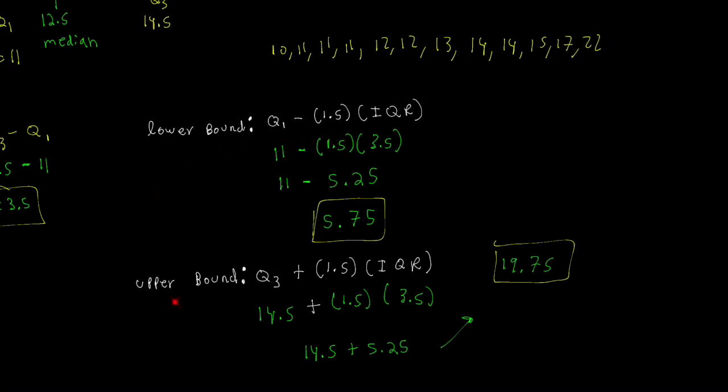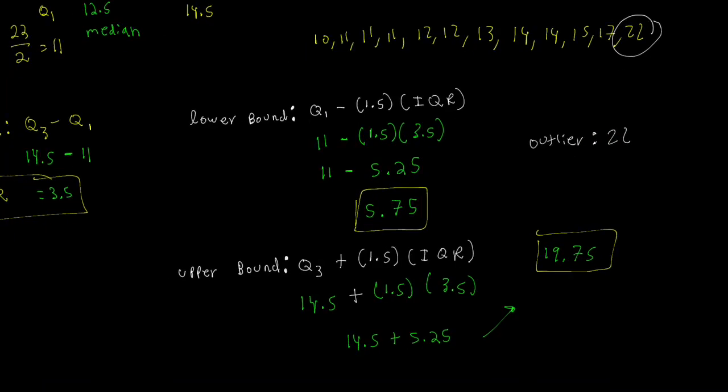But now we also have to find any values that are potentially bigger than our upper bound. So let's scan our data, and we see that there are, oh no, here there's one. So we actually do have an outlier. And the outlier is going to be 22. So in this scenario, we have a value that is too big.